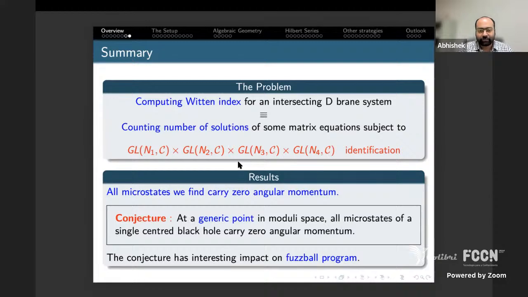Maybe it can happen that if you try to repeat the fuzzball program at generic points in moduli space, which probably is super hard, you will have solutions with zero angular momentum, but so far they are very rare. Zero angular momentum solutions in fuzzball are very rare.